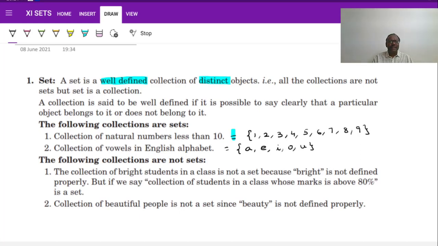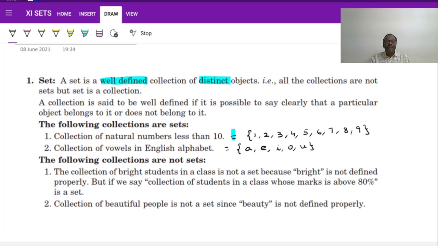Now let us see what is not a set but is simply a collection. A very simple way to remember is that if the opinion varies from person to person, then it will not be a set but simply a collection. You could identify that with keywords like beauty. Whenever you find the word beauty, it is simply a collection because beauty lies in the eyes of the beholder. When we talk about a collection of beautiful flowers, one may say rose and lily, the other person may say lily and jasmine.